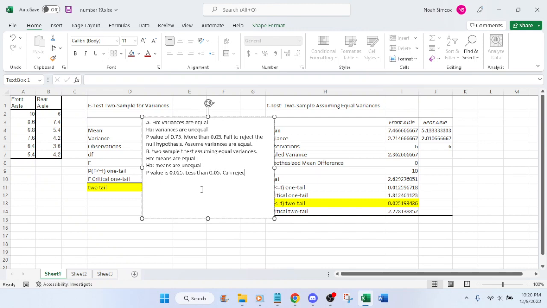Can reject the null hypothesis. The means are different.